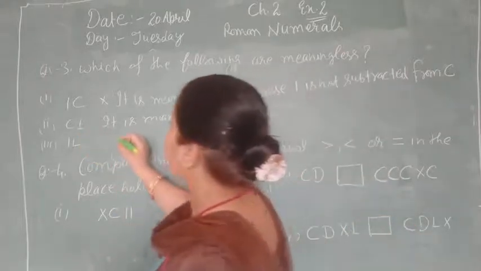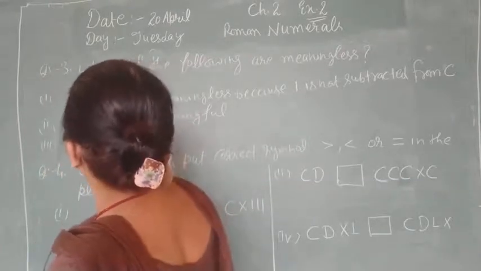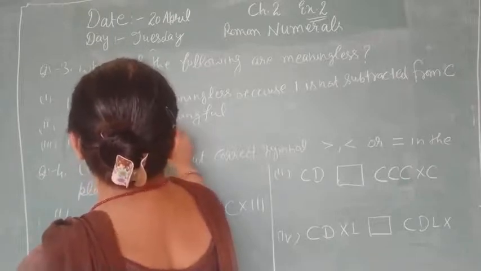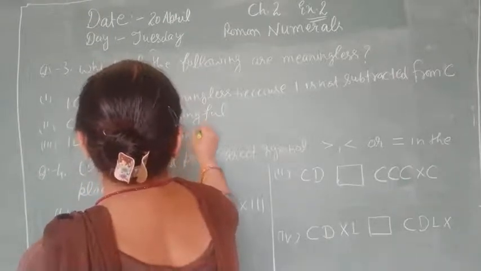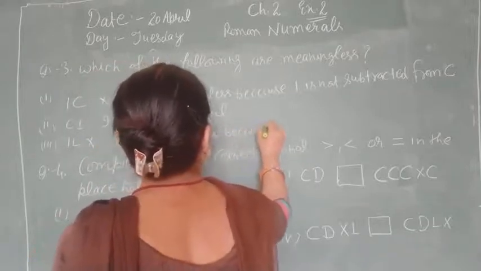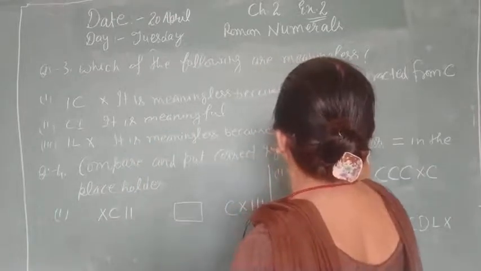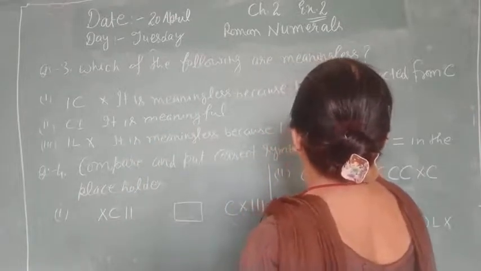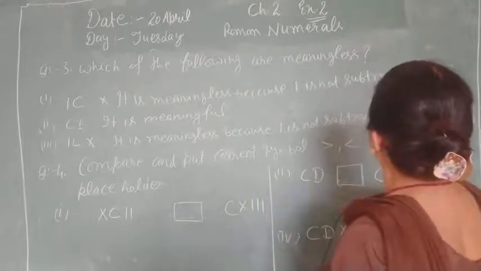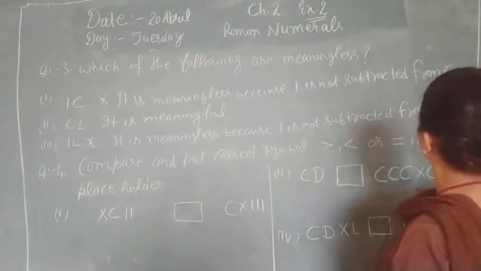That's why it is also crossed and it is meaningless, because I is not subtracted from L. Now clear this question?